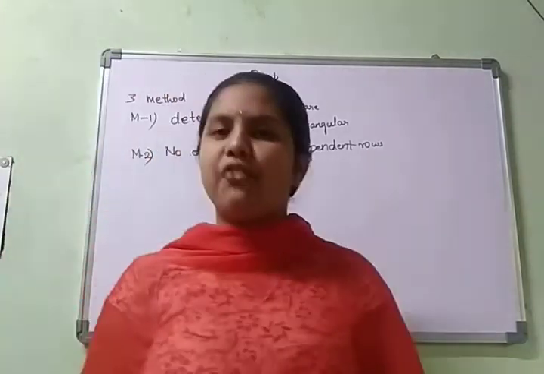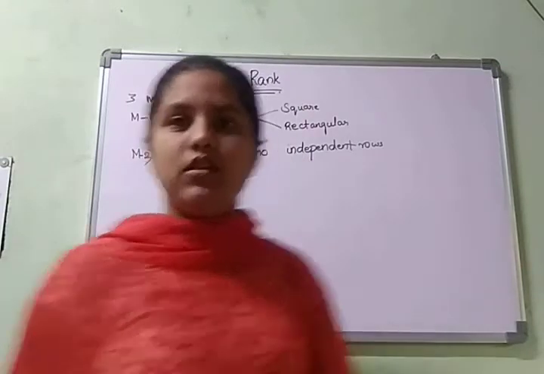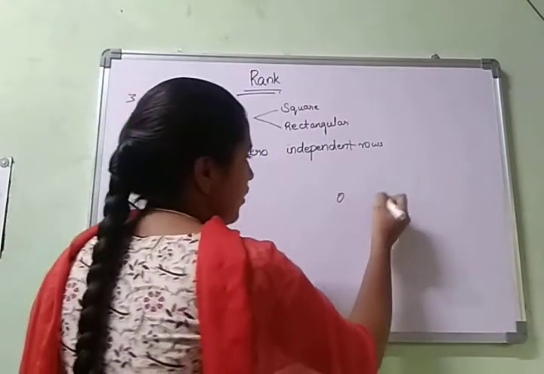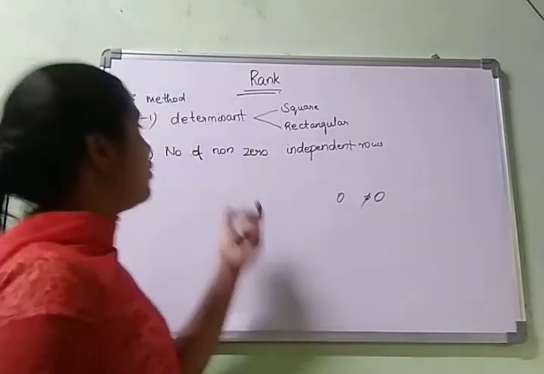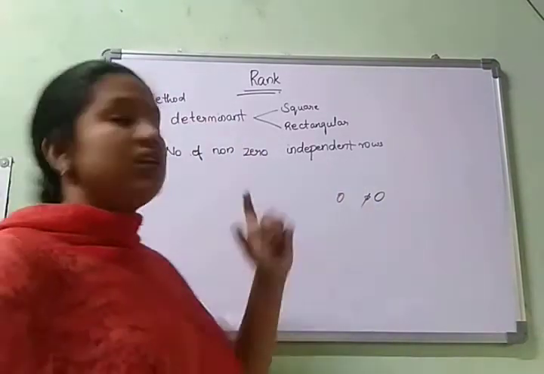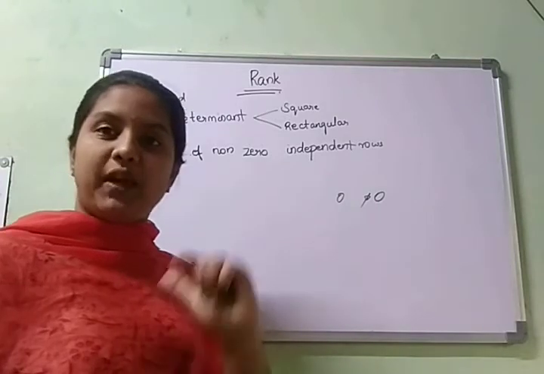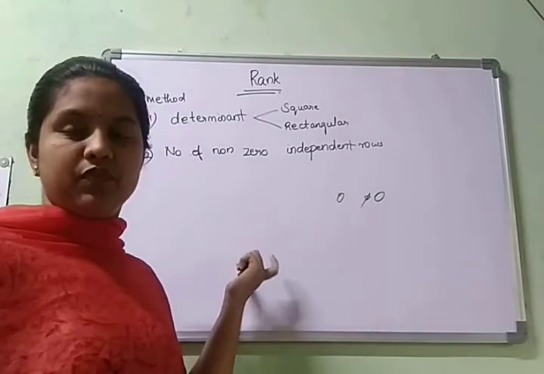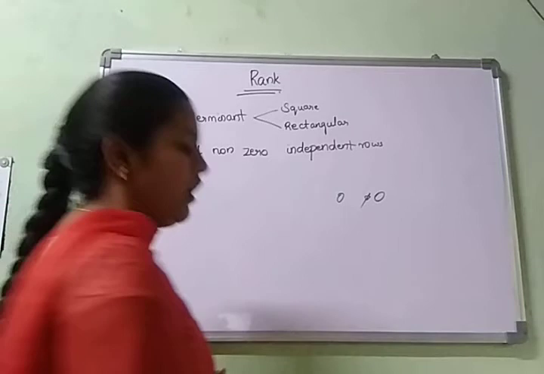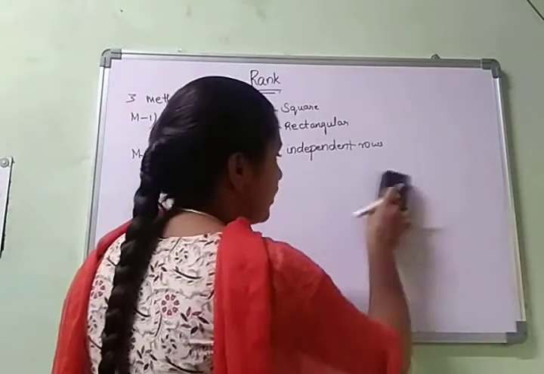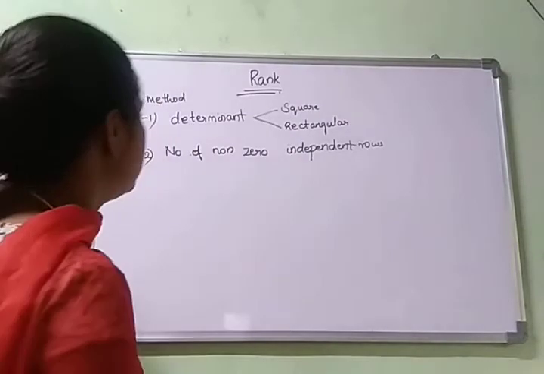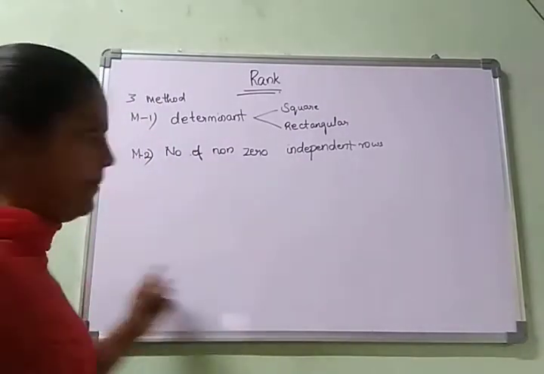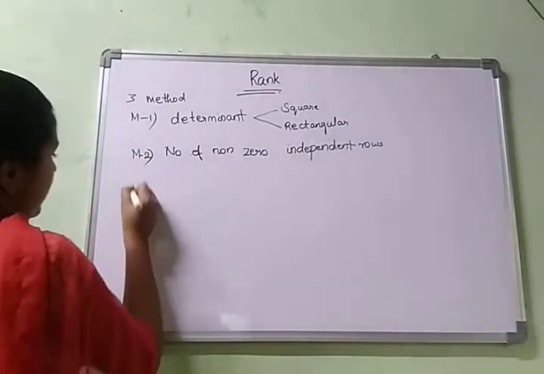What is meant by non-zero? 0 is this, and non-zero means not equal to 0. So the non-zero independent rows, the rows which are not dependent on the 0 row, are called non-zero rows. We need to count them and just write the number. Rows or columns, whatever it may be. So that completes method 2.